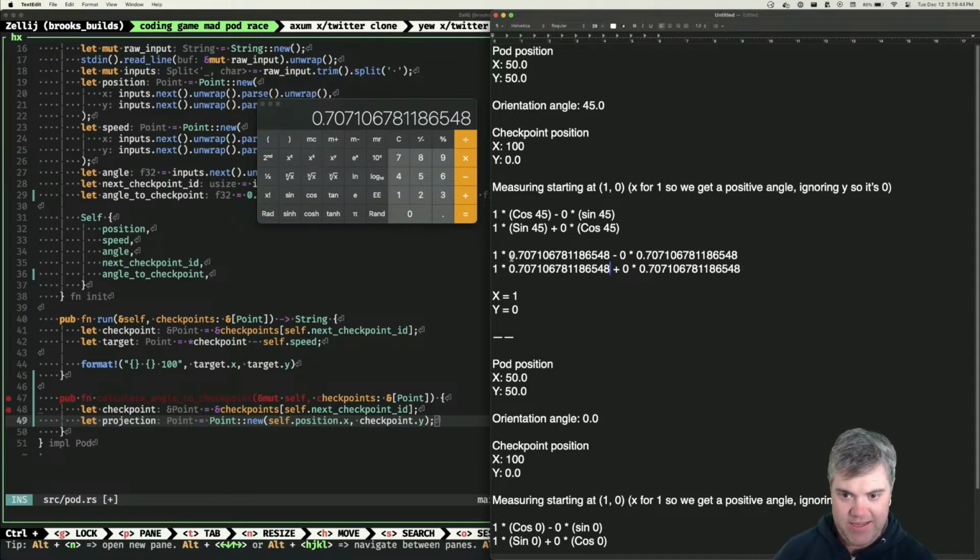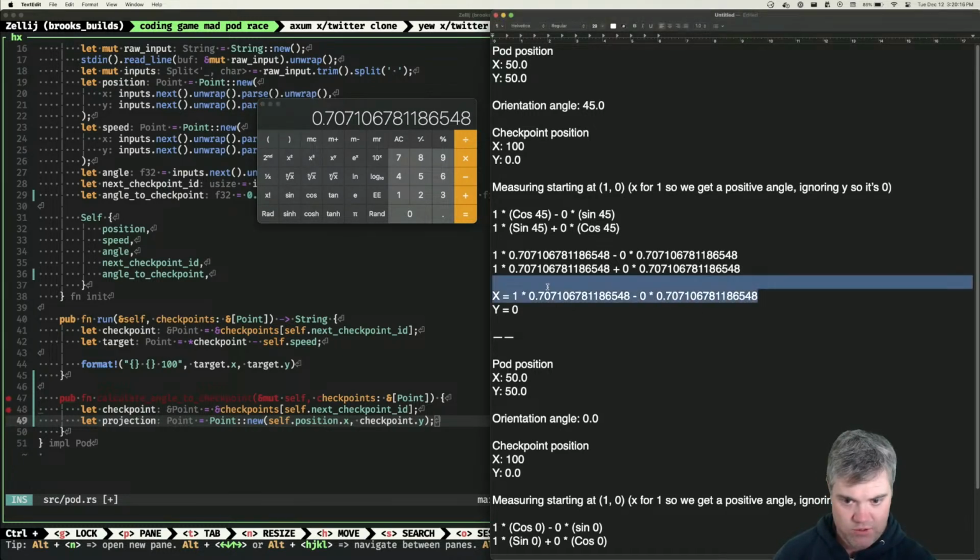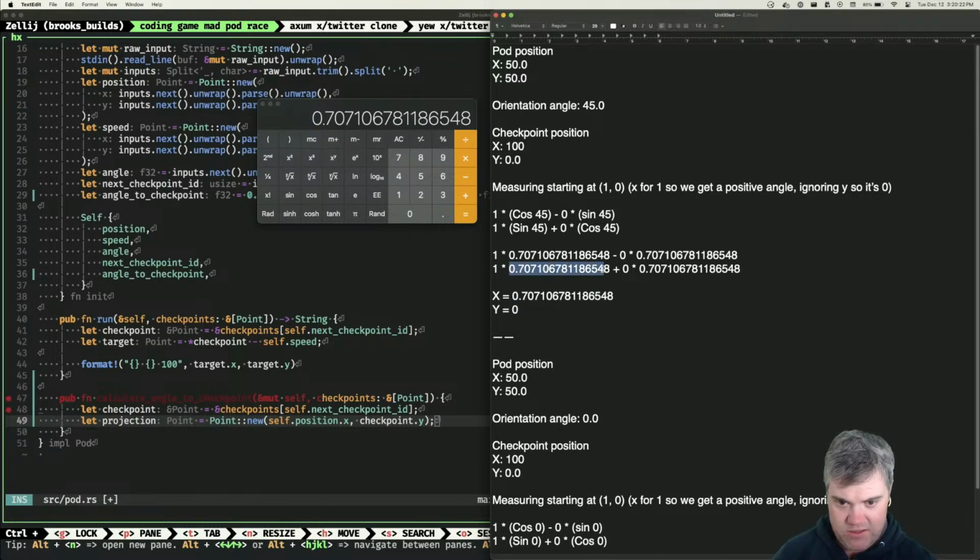Ah, interesting. Okay. So 1 times that is exactly the same thing. Oh, minus 0 times that. So it is literally this thing. So now you are that. And then 1 times that. So it's literally going to be the same thing here.